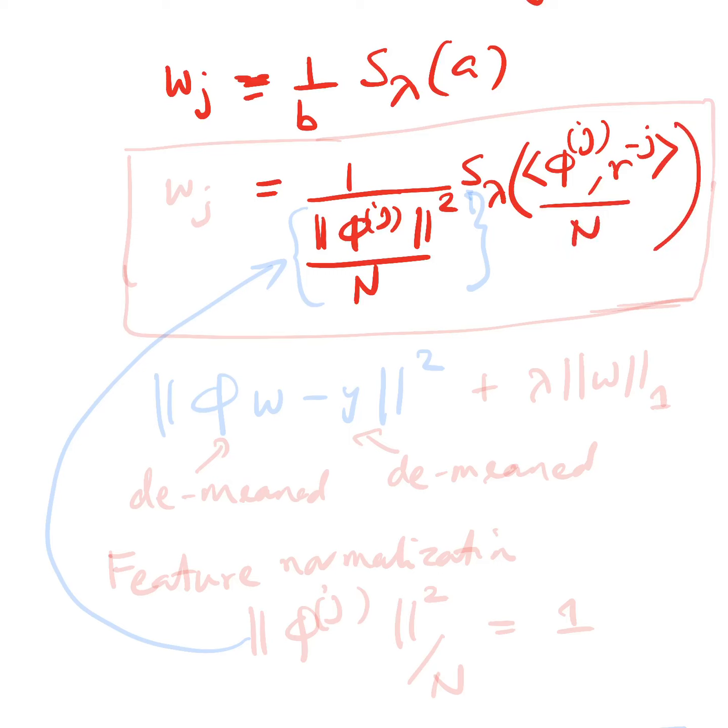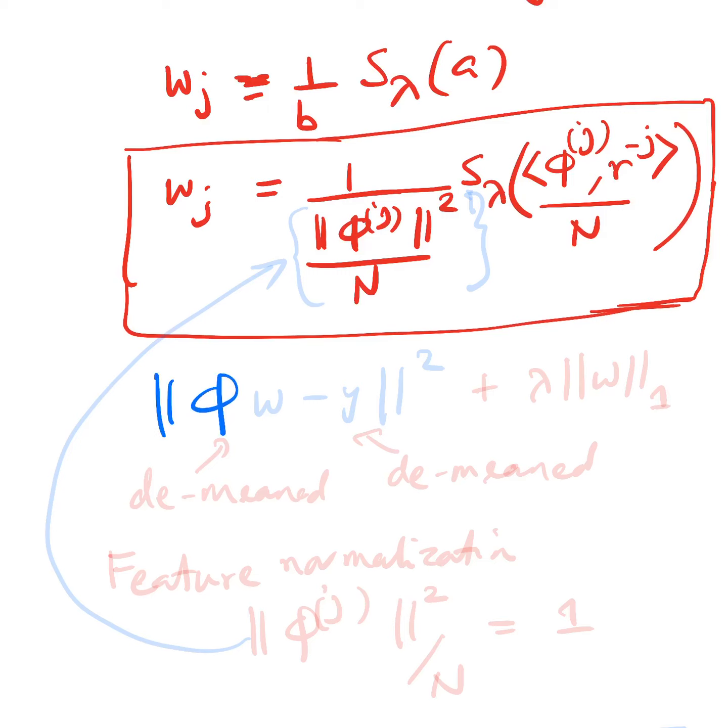So that's my solution to the minimization problem when I'm fixing everything except the jth coordinate of the regressor. A couple of things to remember. Generally speaking, when I look at this term, phi w minus y squared, the reason I'm not having the bias term is because I've assumed that everything has been demeaned.